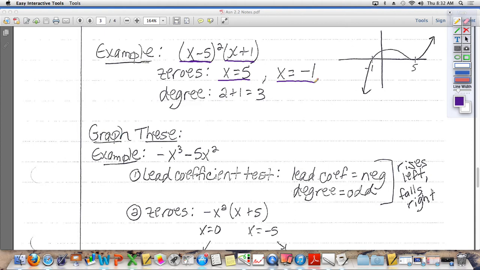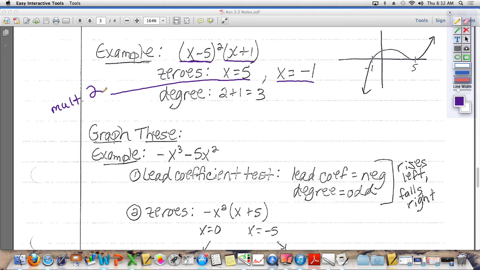Very good. This thing right here. So I'm going to make a little note of that. What is its multiplicity? I'm going to start abbreviating. Multiplicity what? 2. Multiplicity is 2. And remember, just above in your notes, you wrote down that because it is a multiplicity of 2, which is even, what's going to happen at that x value on the x-axis? What does it say in your notes?